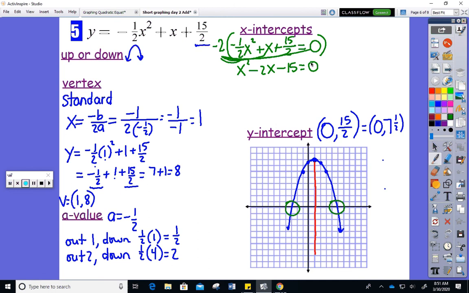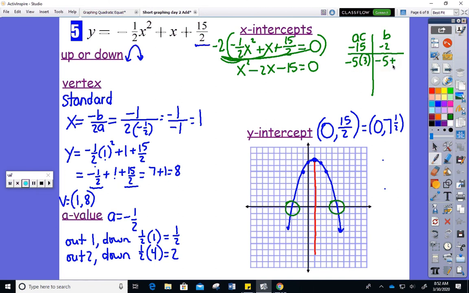Now, I'm looking at it, and I always want to try to factor first. And if factoring doesn't work, then I decide complete the square or quadratic formula. Well, I'm thinking that my AC is negative 15 and my B value is negative 2. So I'm immediately thinking, what about negative 5 times 3?